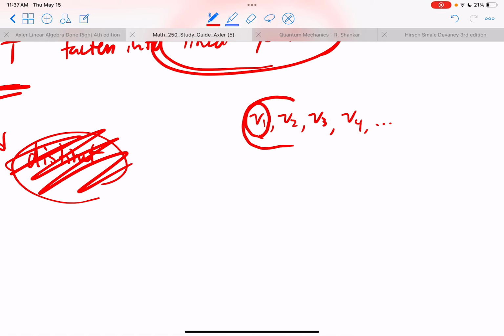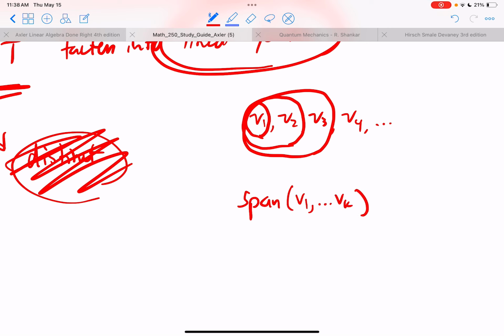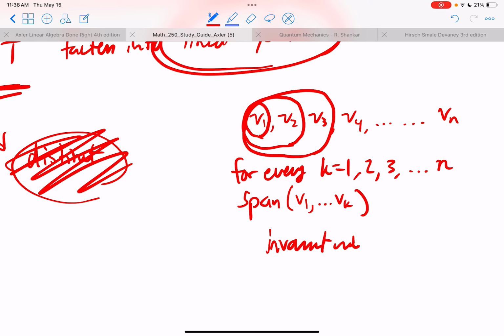T maps the span of v1, v2 into the span of v1, v2. In other words, the span of v1 through vk is invariant for every k. Right? You remember that from chapter 5? The span of v1 up to vk, even if you eventually go up to vn, for every k is 1, 2, 3, up to n, the span of vk should be invariant under T.